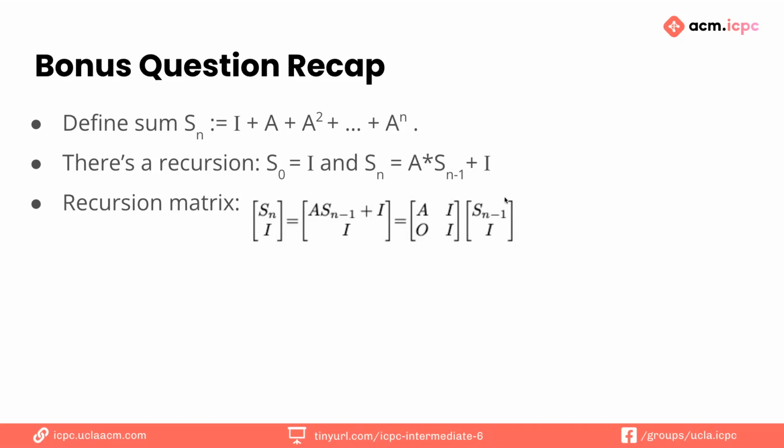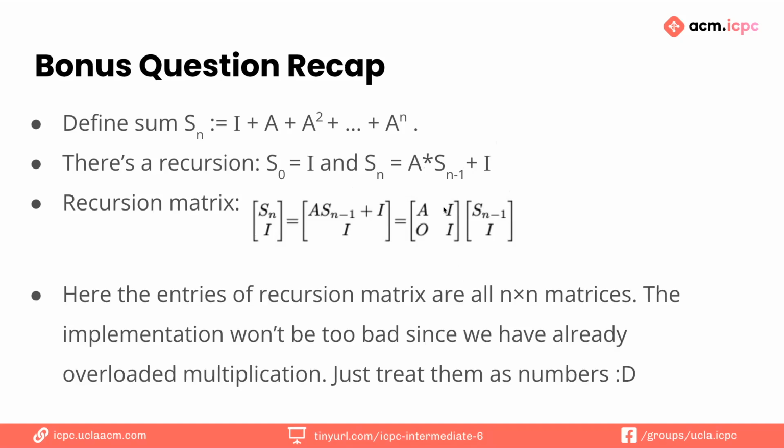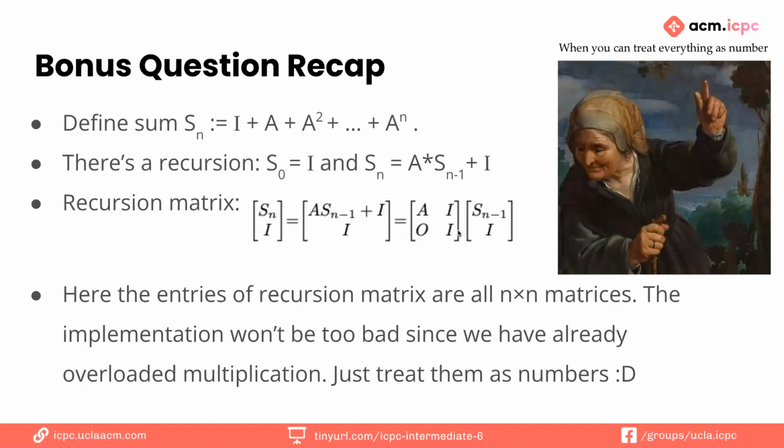Similarly, we can solve for the matrix here. But the entries are matrices instead of constants. But we've already overloaded matrix multiplication, so we can just treat them as numbers and the implementation won't be too bad.